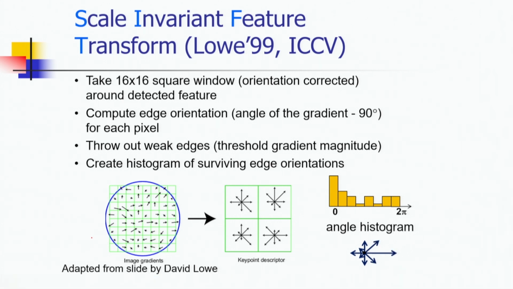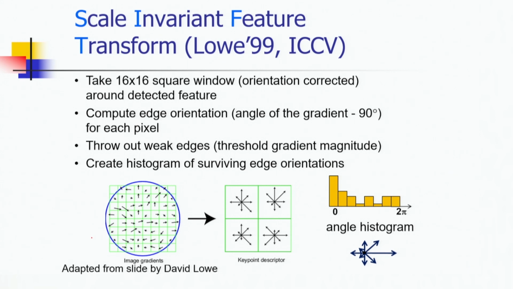Let me describe how this descriptor is computed. There is a specific computational recipe proposed by the inventor David Lowe and his colleagues, published in ICCV, called the scale invariant feature transform.